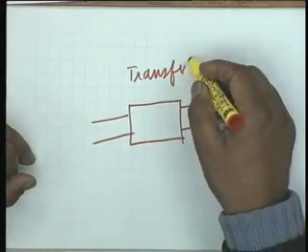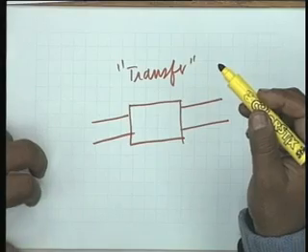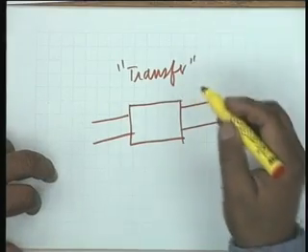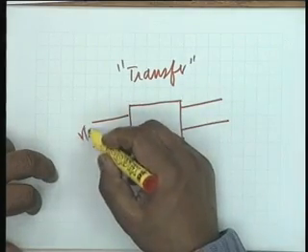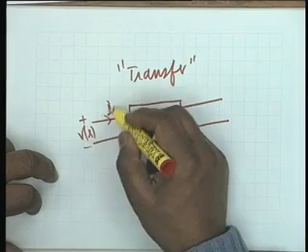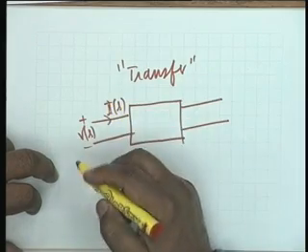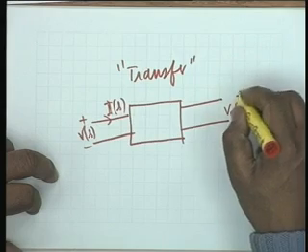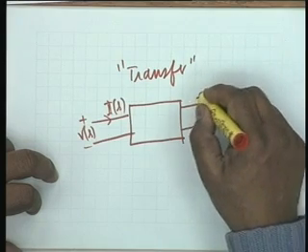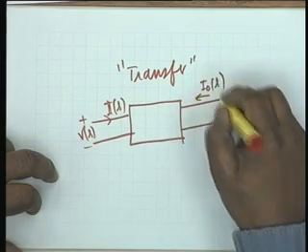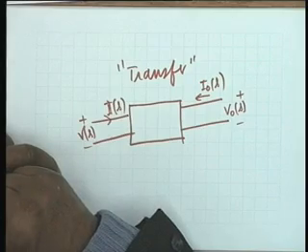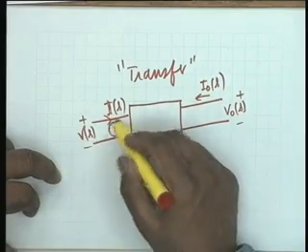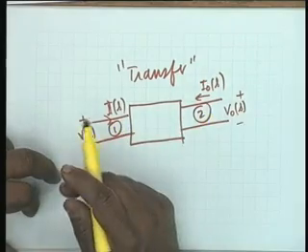Suppose the voltage and current at the excitation port are V of s, I of s, and at the response port, let us say, V0 of s and I0 of s. This is port 1 and this is port 2.